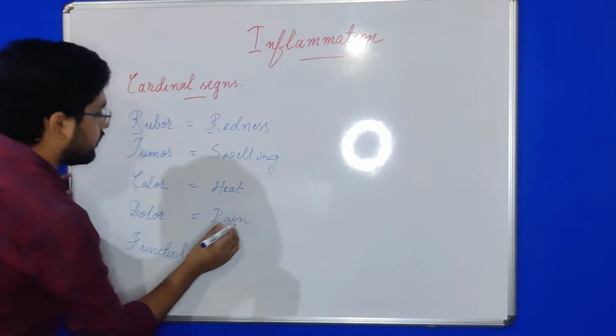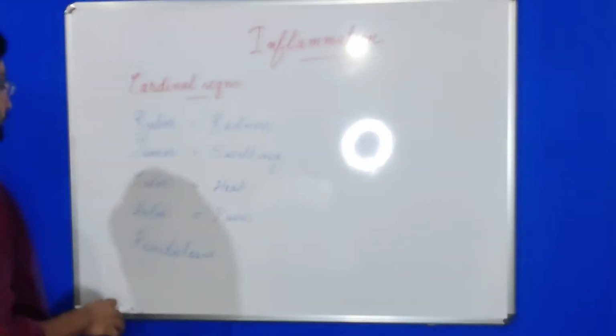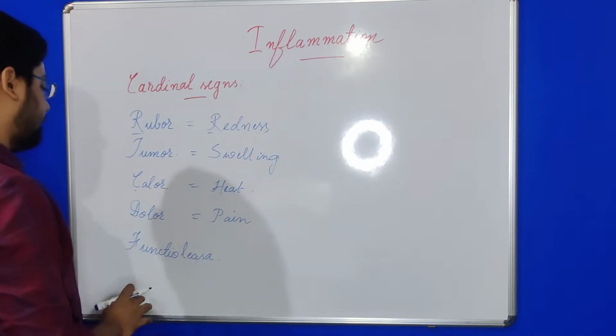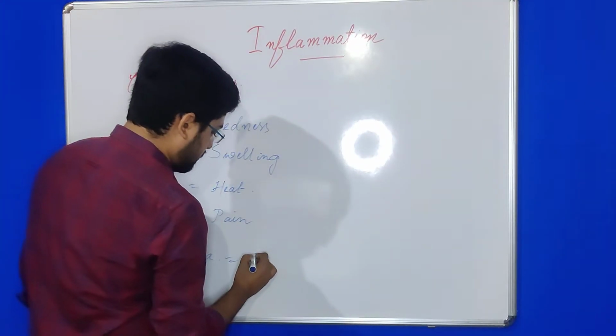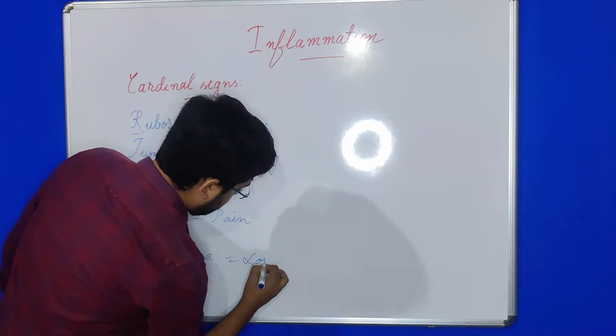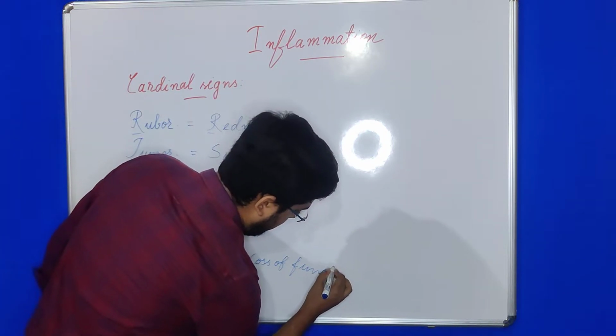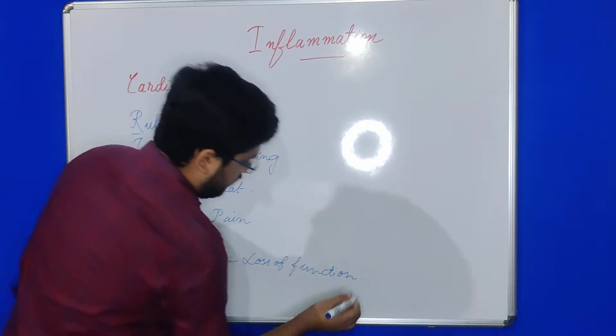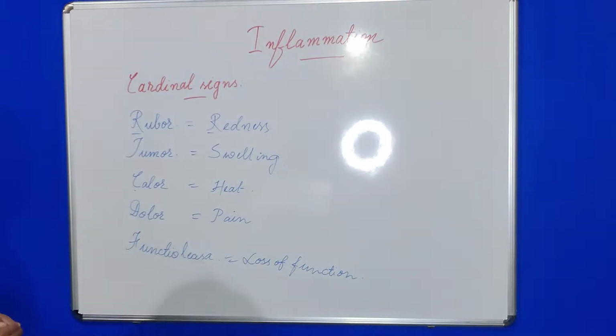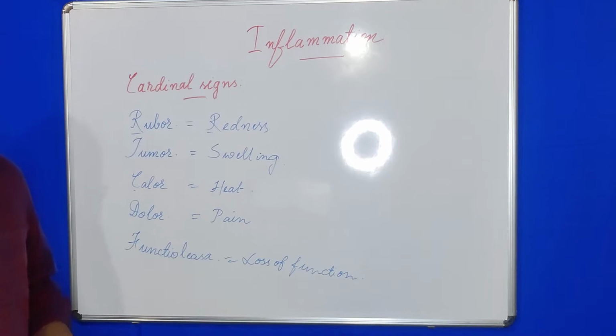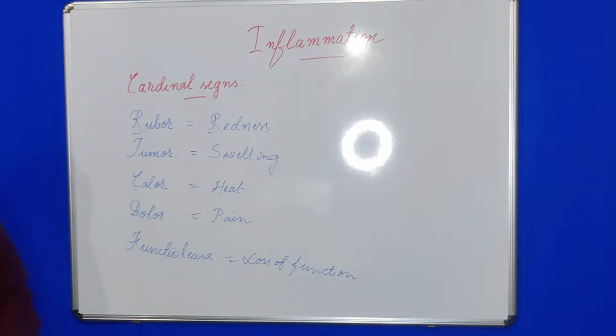Anywhere the inflammation occurs, there will be pain. And functio laesa means loss of function of the tissue that is inflamed. These are the 5 cardinal signs of inflammation. Now, types of inflammation.